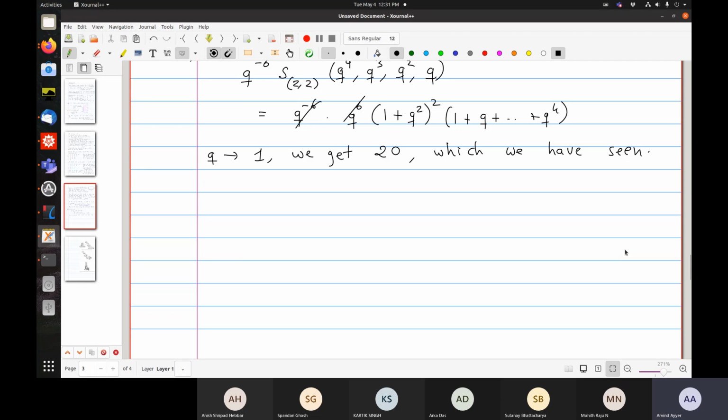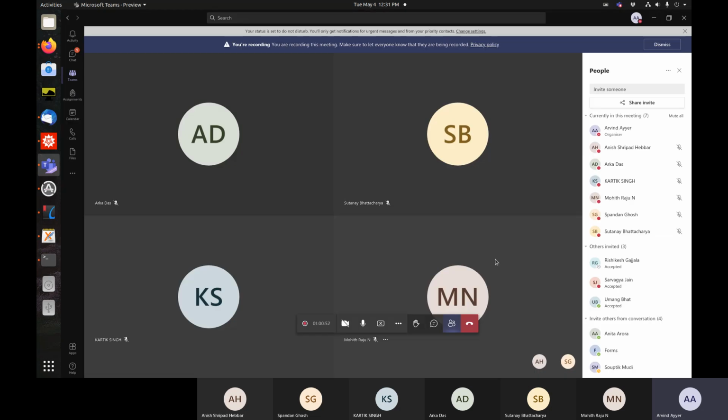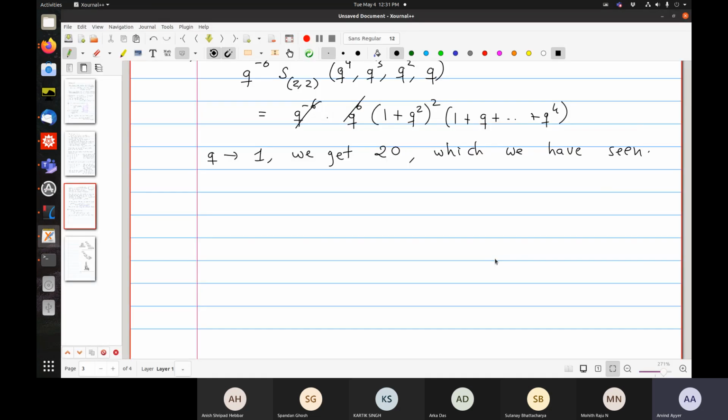All right, any questions? I'm now going to move to proving MacMahon's formula for the number of symmetric plane partitions inside an a by c box.